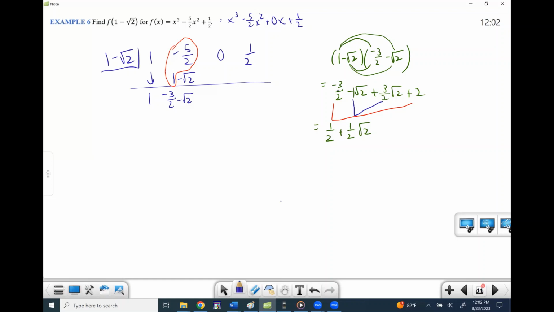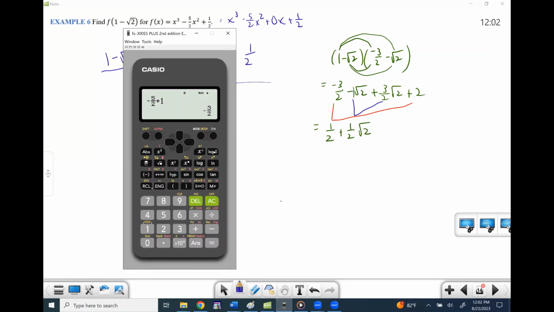So let's check. Negative 3 halves plus 2. I said it was 1/2. Negative 3 halves plus 2. 1/2. And the other one that we did was negative 1 plus 3 halves. Just showing you guys on the calculator.